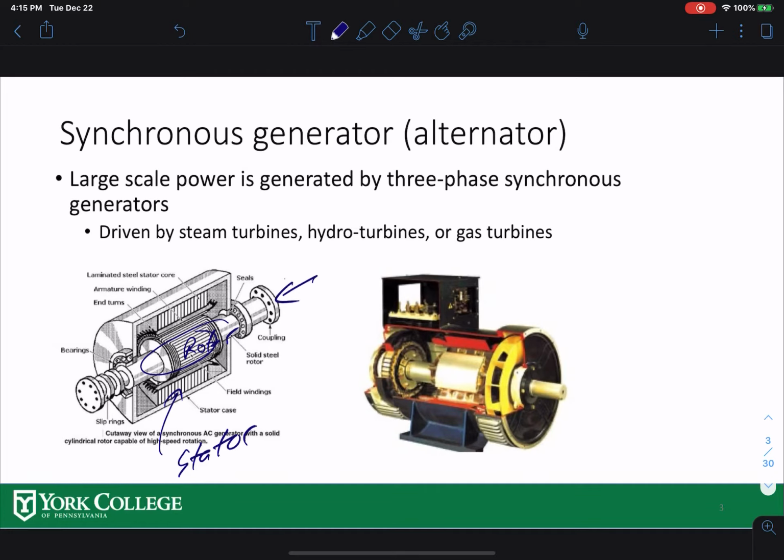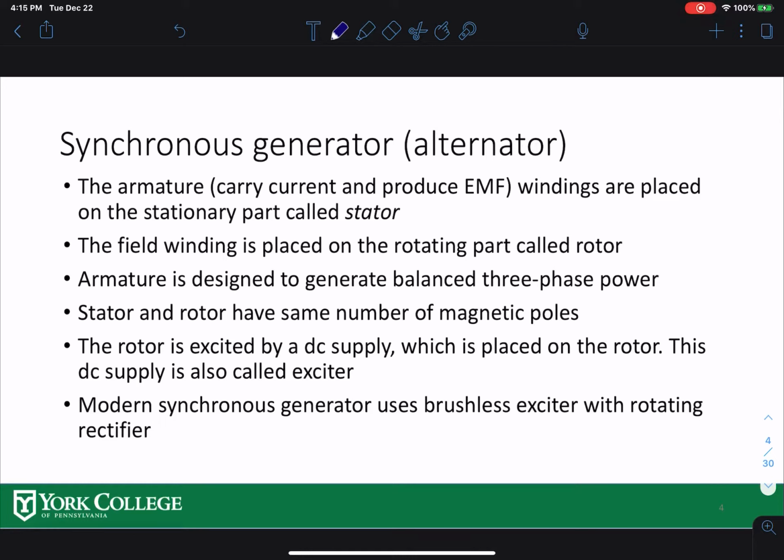And this prime mover over here is basically driven by a steam turbine, hydro turbine, or gas turbine. So that mechanical power, P mechanical, comes in, and from the stator you get the electrical power out. As you know, you need a time varying flux to produce the current.